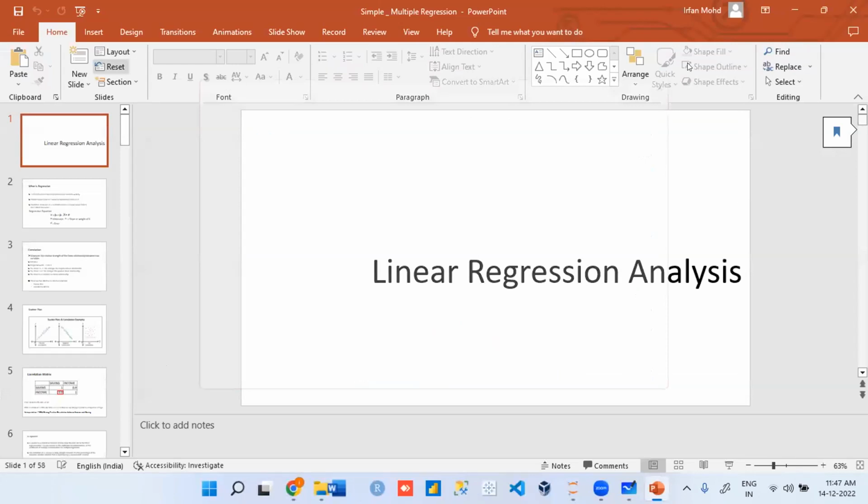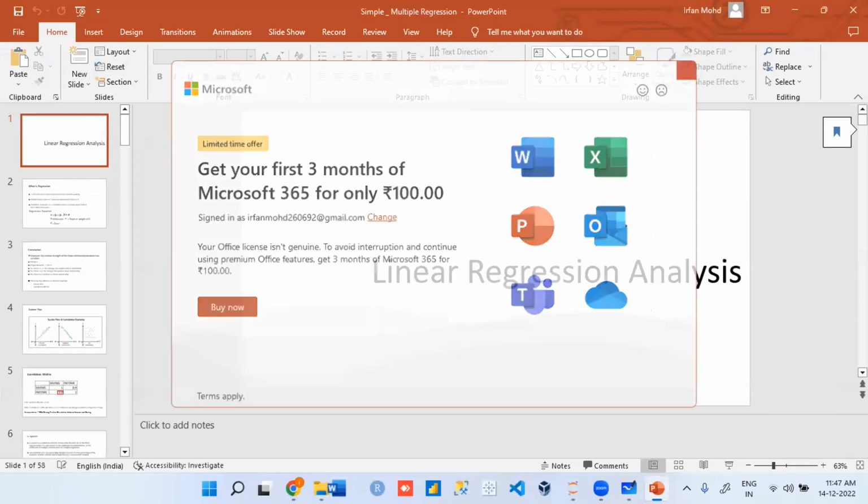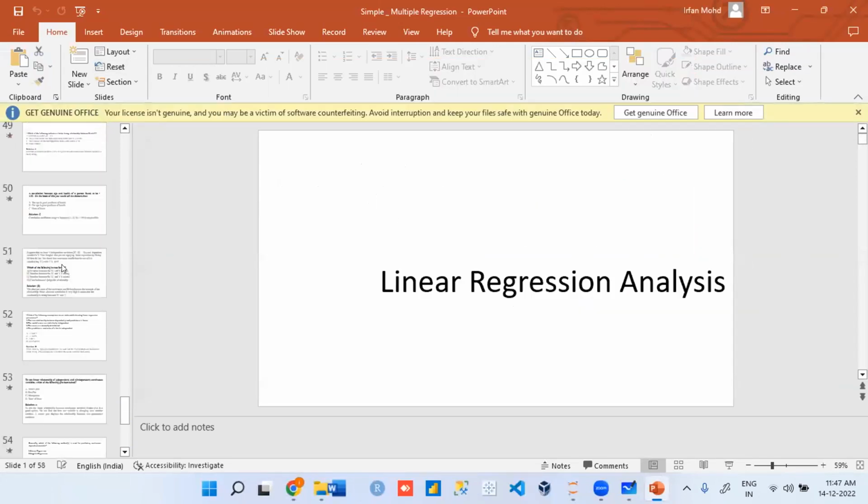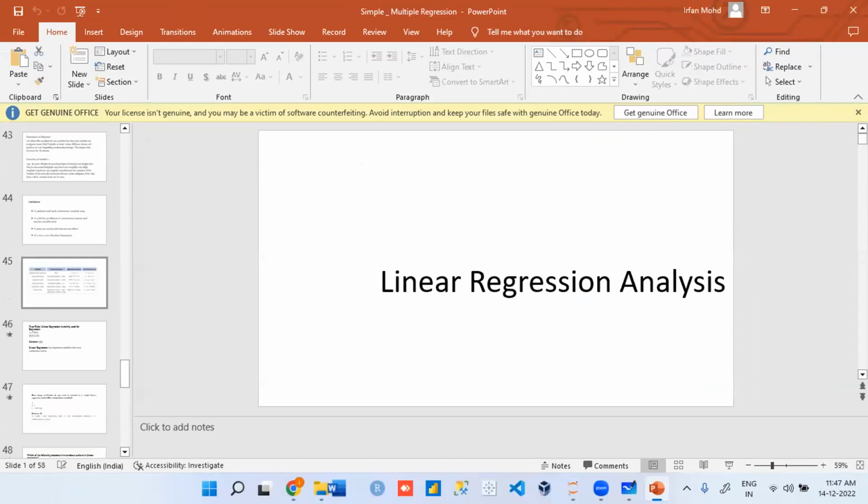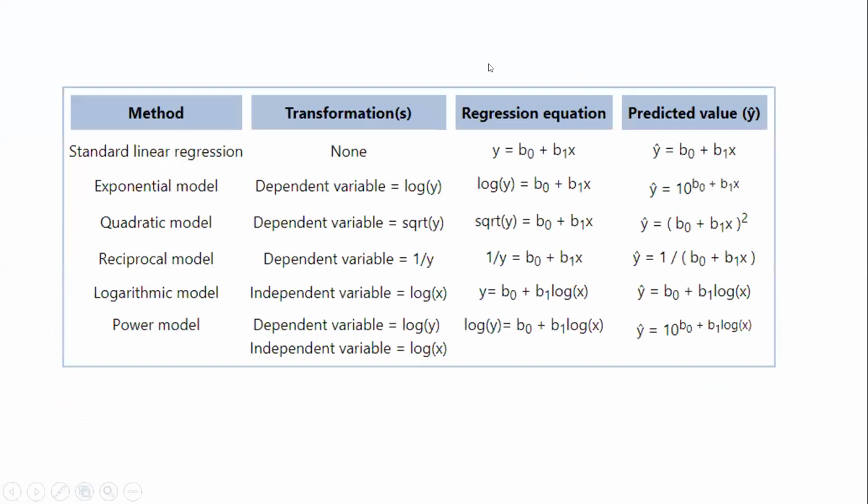Now second, see the method of writing equations. The first equation is a normal equation we do. Y is equal to beta naught plus beta 1x. That model name is called exponential linear regression model.